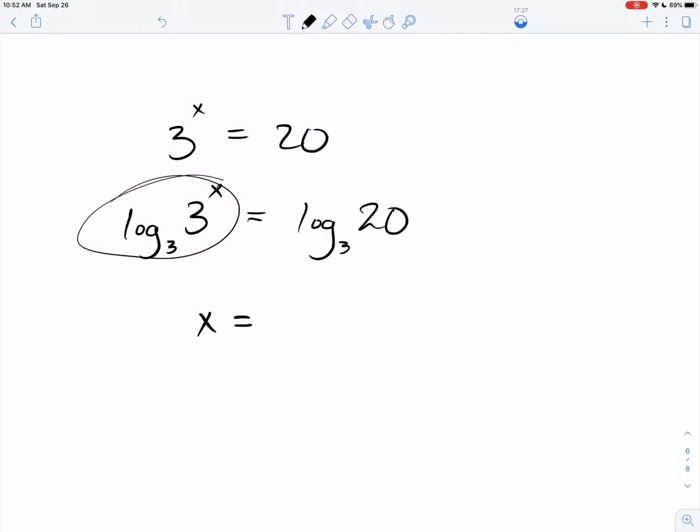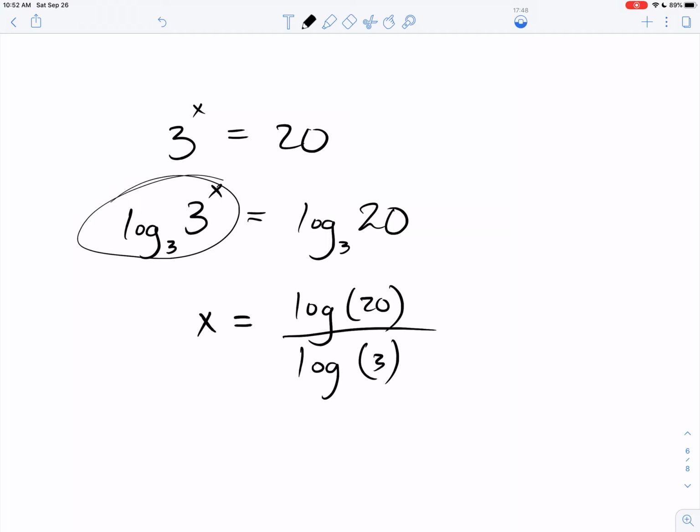But in order to get my calculator to give me the answer here, I would still have to do this: log of 20 divided by log of 3, so that it would end up giving me the correct decimal. I don't know what that is. I'm punching it into my calculator as I speak.